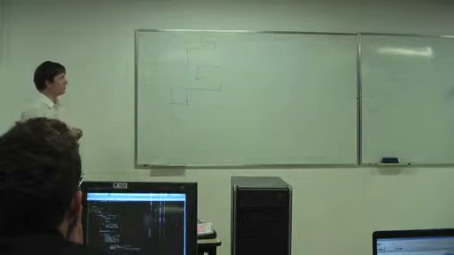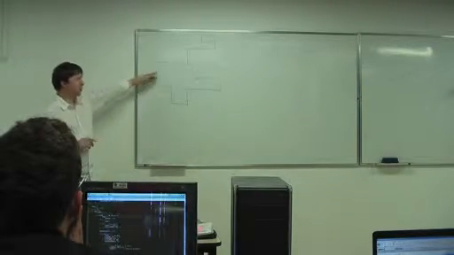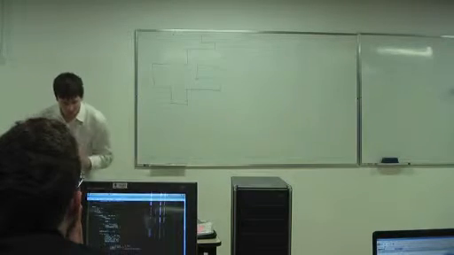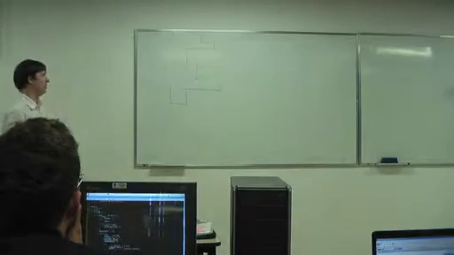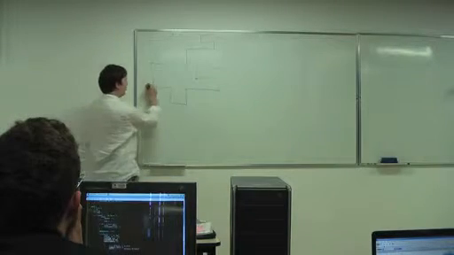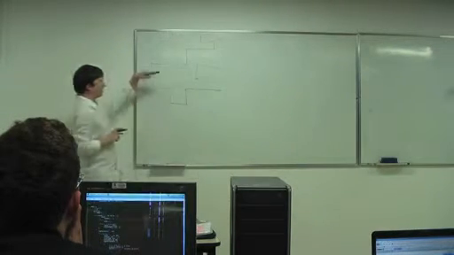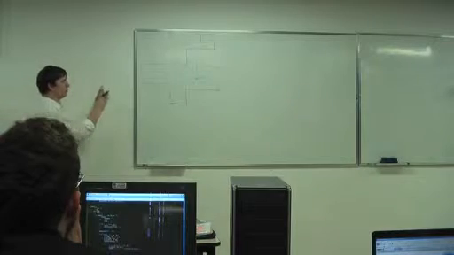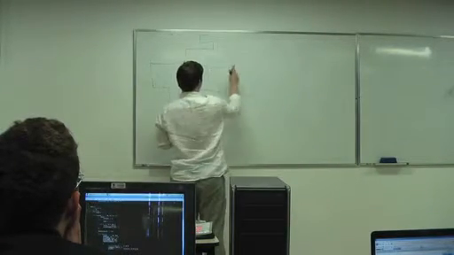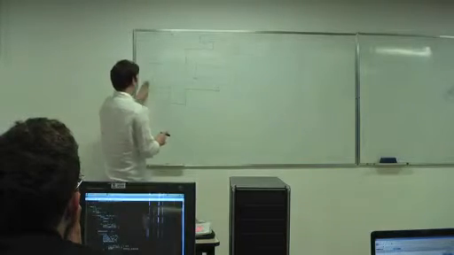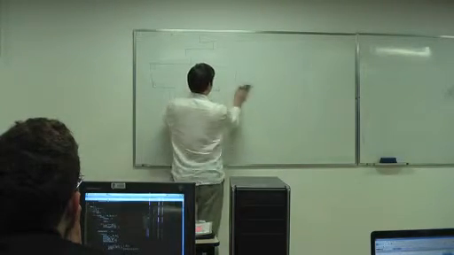Here we are using the fact that the given polygon is not an arbitrary polygon, but it is monotone, which means that every horizontal line intersects the polygon in one segment, not two segments. So pictures like this are not possible. They're forbidden, because this line would intersect in two segments.